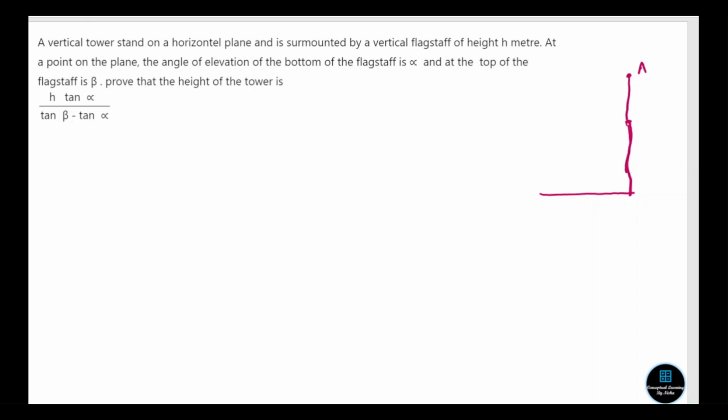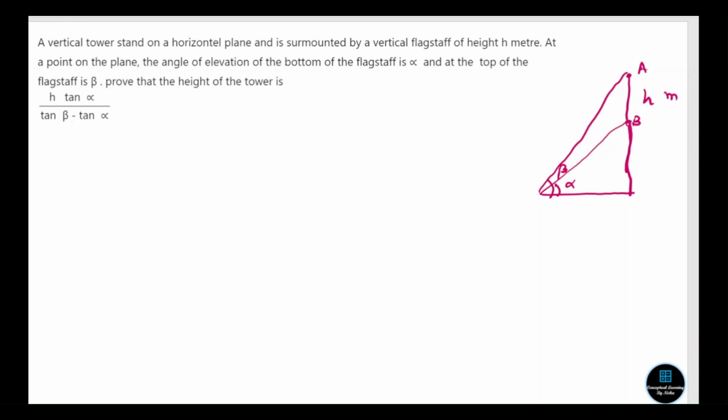This AB, whose height is h meter they have given. All right. Now the angle of elevation of bottom and the top are given. So bottom, this is the bottom. So they have given this as alpha, and the top elevation, the whole angle, is beta.